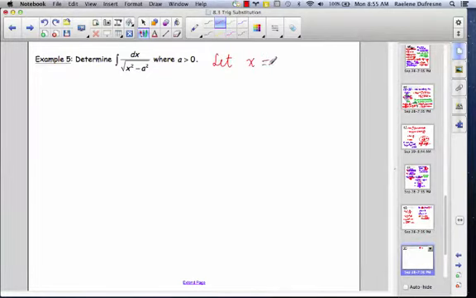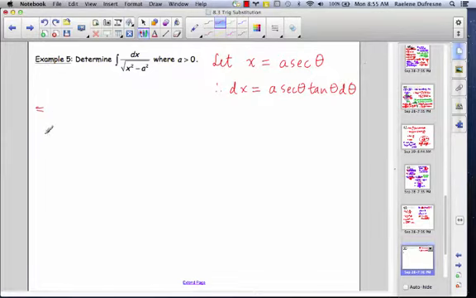We are going to let x equal a times the secant of theta, and in this case a is actually called a. So then we have that dx is equal to a secant theta tangent theta d theta.